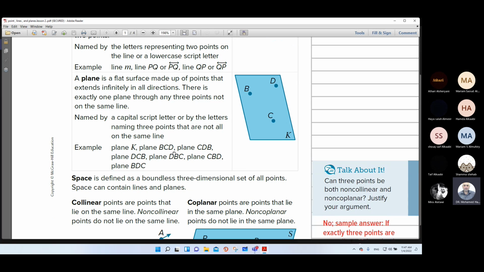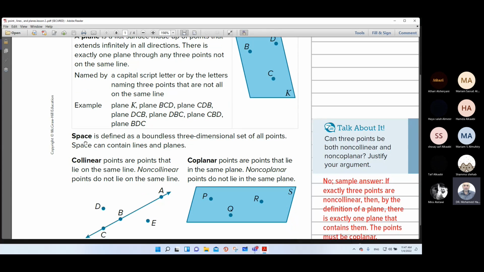For example, the name of this plane we can write plane K, or plane BDC, or plane CDB, or plane DCB, or plane CBD. So we also have many methods to name the plane.